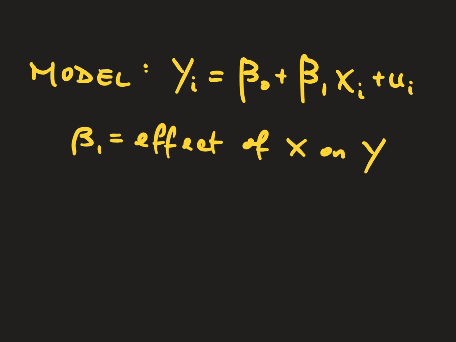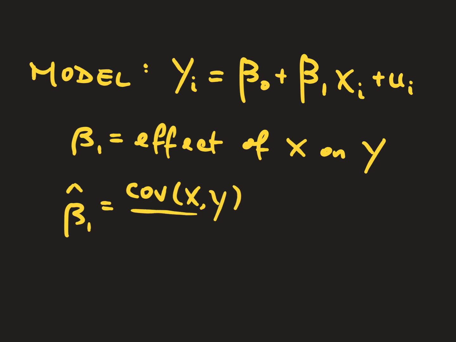Now, when it comes to actual calculations, the way that we calculate beta 1 hat is the formula covariance between x and y over variance in x. I've given that before, but I'll rewrite it one way.